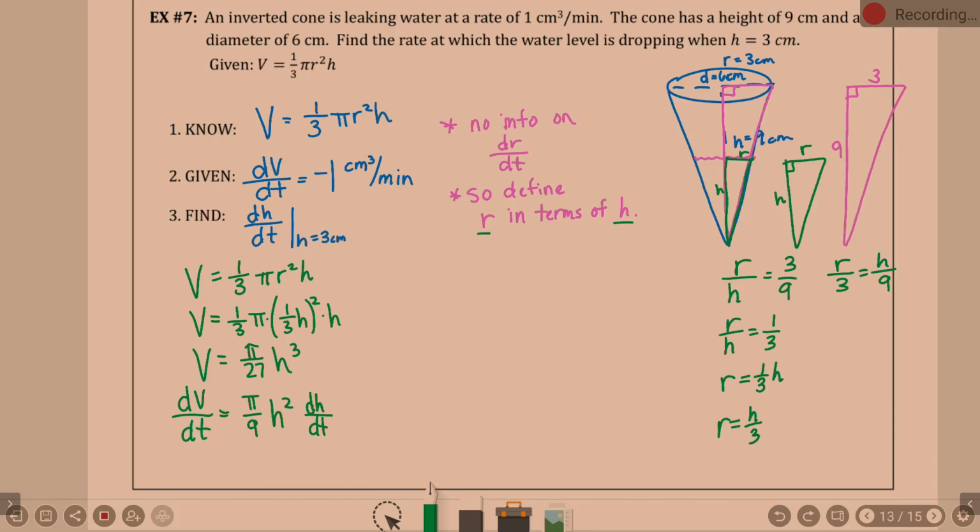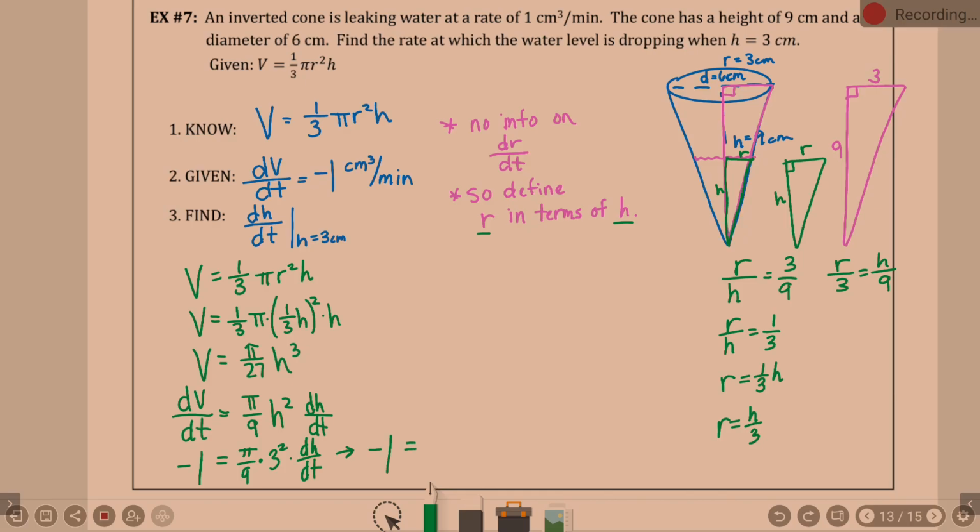We're ready to plug it all in? dv dt is what? Negative 1, pi over 9 times, because we're at the end and we're solving it out, now you can put in h equals 3. So 3 squared times dh dt. So it's just going to turn into pi.